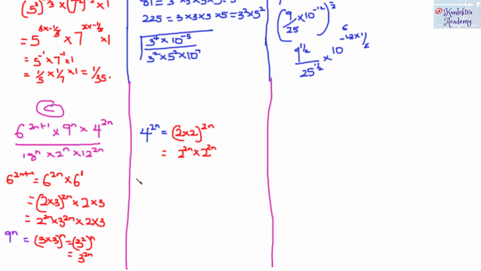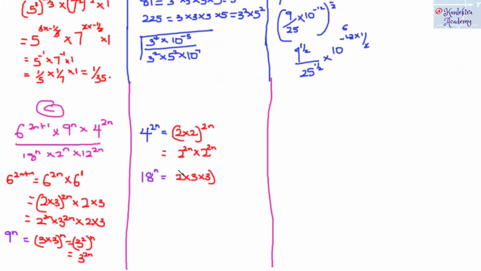Now let's go to 18. That's 18 raised to the power n. What will 18 raised to the power n give us? The factors of 18 is 2 times 3 times 3.